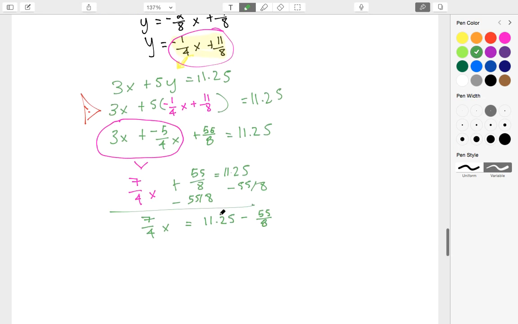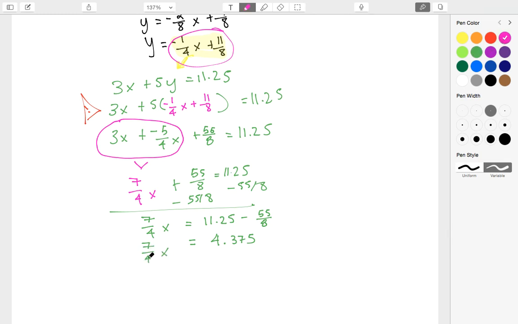And once you type this into the calculator, you will get 4.375, and we'll get 7 over 4x equals 4.375.